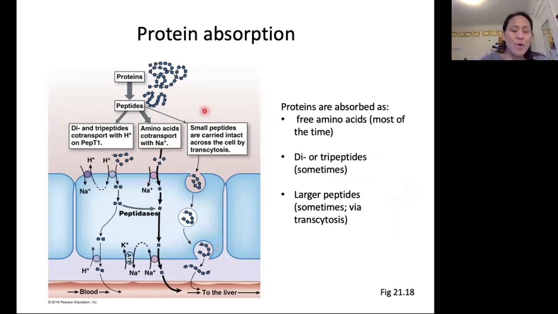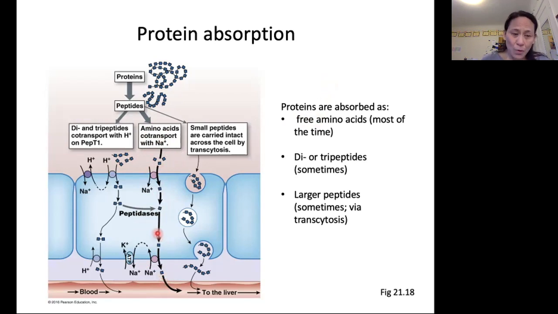Our proteins are mostly absorbed in the form of free amino acids. Okay, so that is shown here. This is a busy figure, but what's shown here is an individual amino acid being transported across the wall of the small intestine.